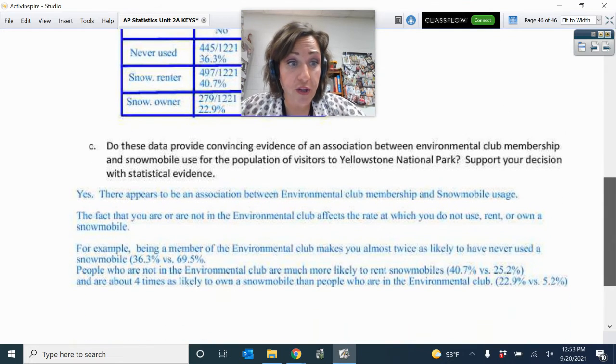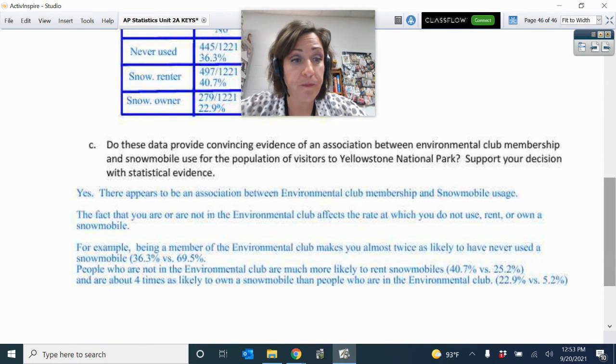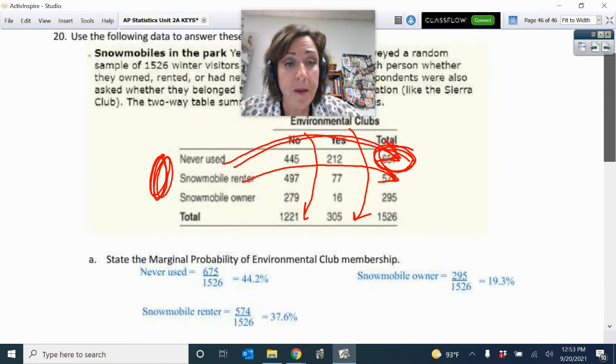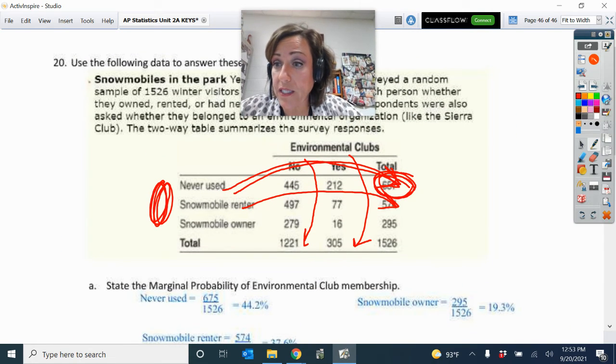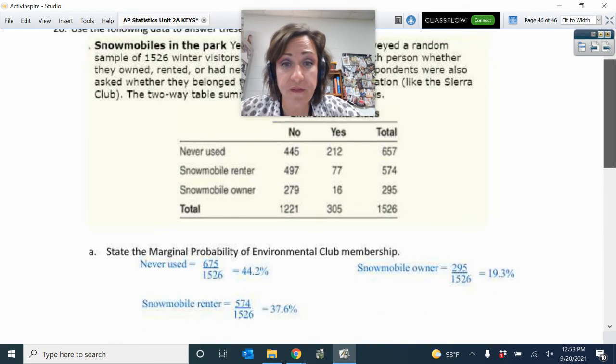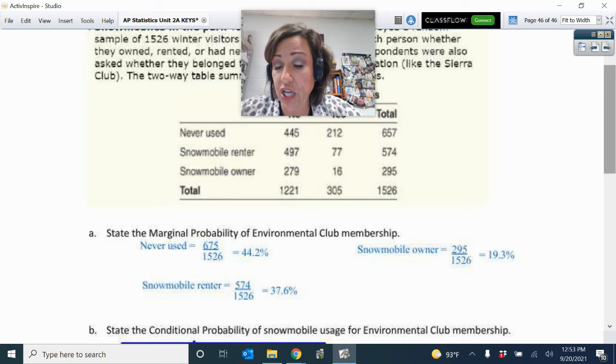So then let's talk about our 3-point conclusion. Yes or no. You say yes or no, there is an association or not an association, or you can answer independent, not independent, whichever way that is. So in this case, remember, we had different percentages, okay? And so the fact that you were environmental club or not affected.